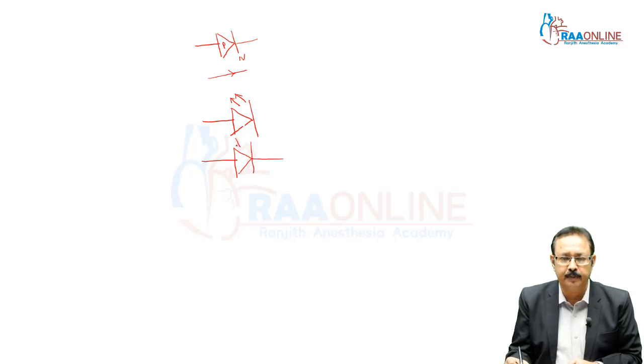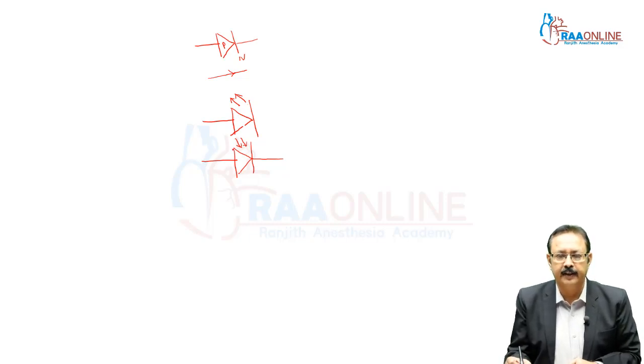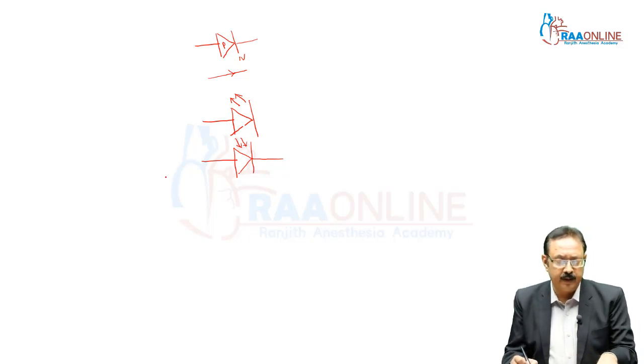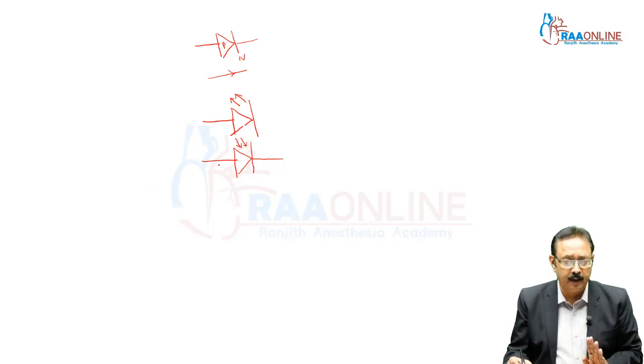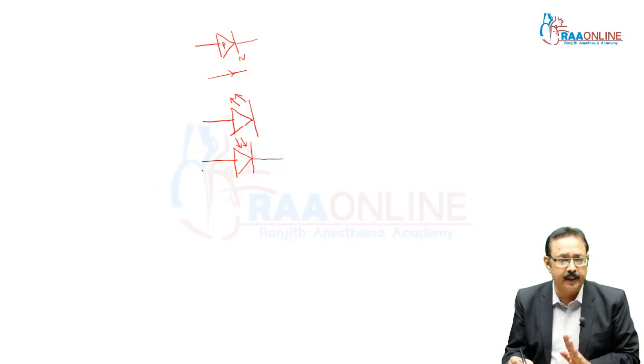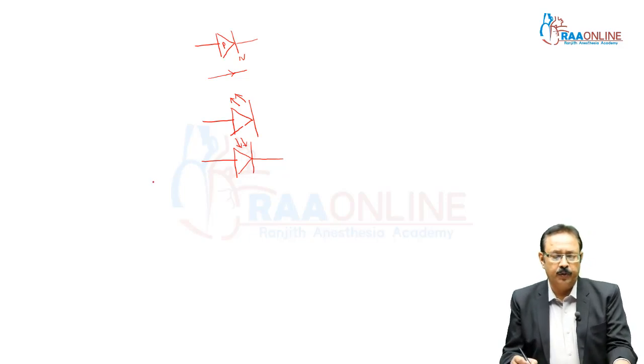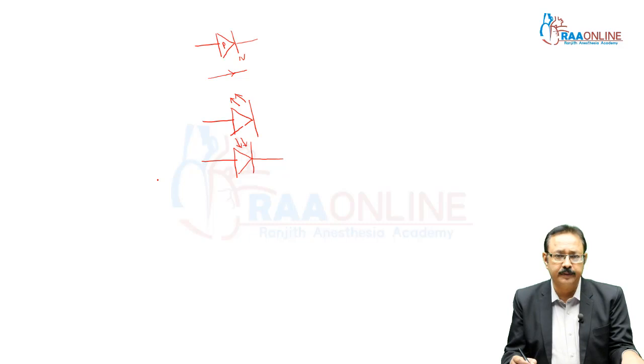We are using this symbol. We are converting light into electric energy, whereas in the other we get light from electrical energy. In a solar cell, no biasing is there. So that was the function of the diode.